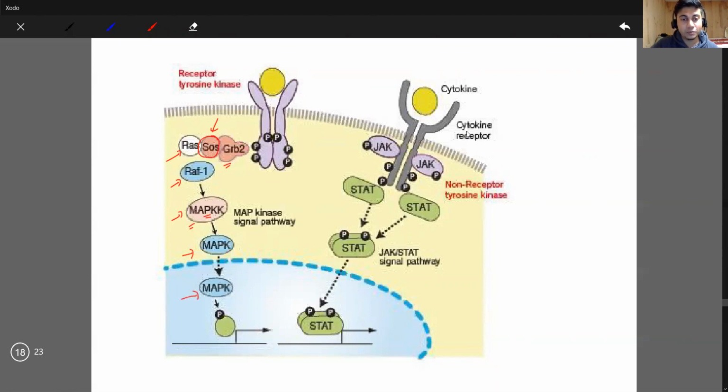That leads to the phosphorylation of the transcription factor. This straight line here is showing the DNA. And this DNA is getting transcribed, and the product of transcription is the mRNA.